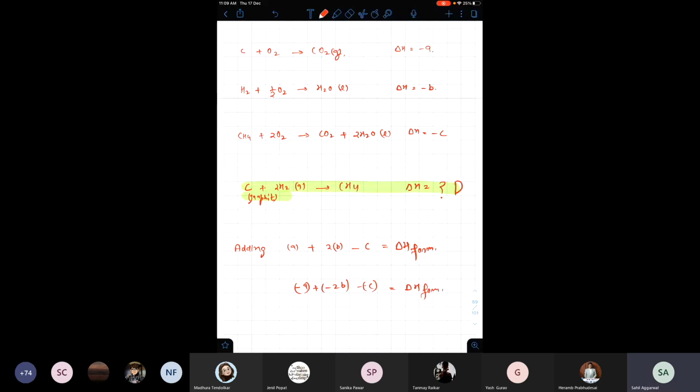Means C minus A minus 2B is the answer. Done, Sanika, Shifa, Madhura.